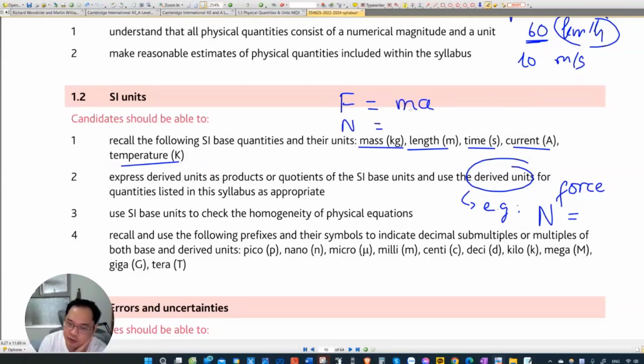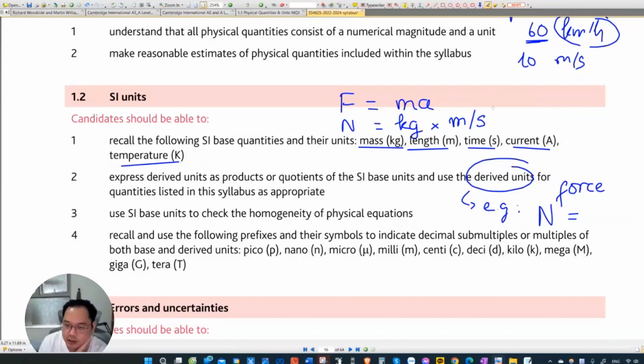What is the unit of mass? Kilogram. And what's the unit of acceleration? Meter per second squared. Okay, so the whole thing here, kilogram times meter per second squared, is the base unit form of the unit of force.